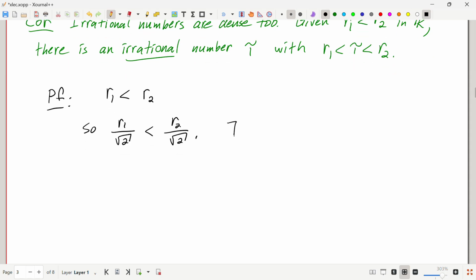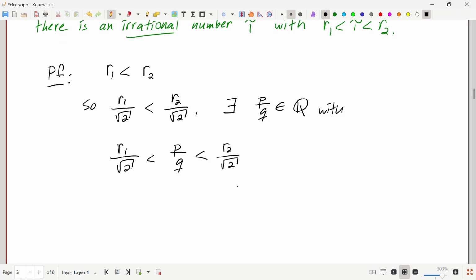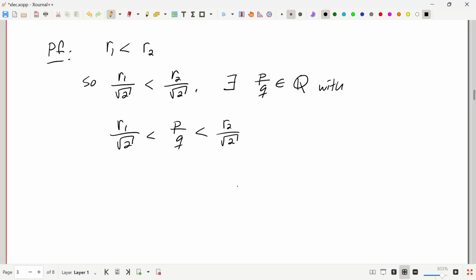So there exists P over Q in the rationals with P over Q stuck in between those two things. And now I multiply by square root of 2 and see that R1 is less than P over Q times the square root of 2 is less than R2.